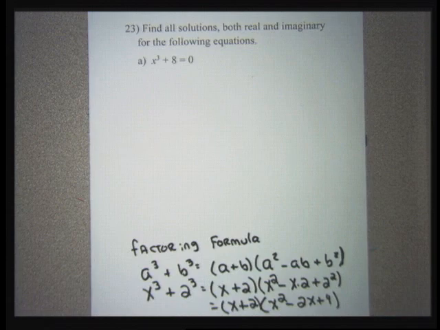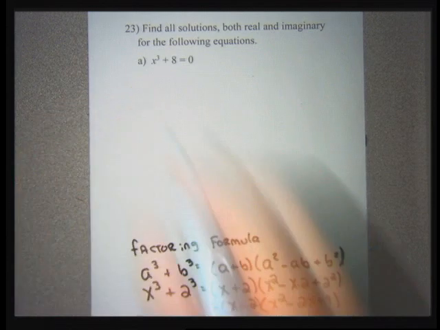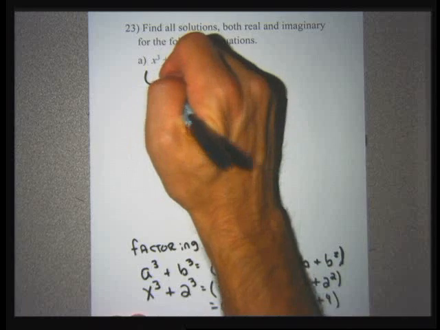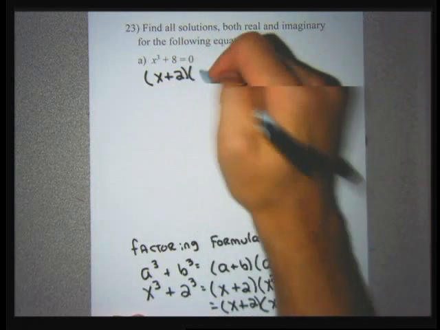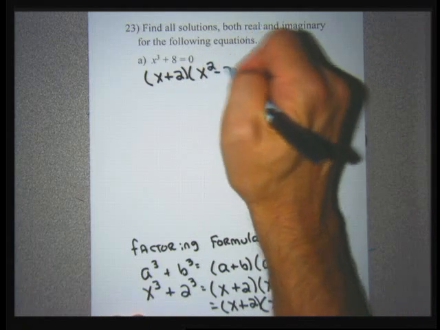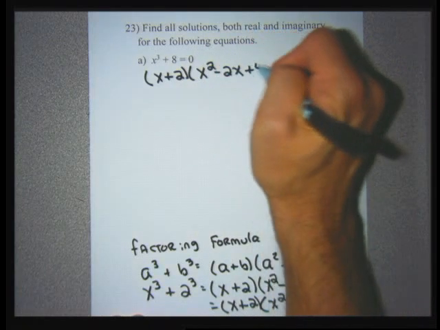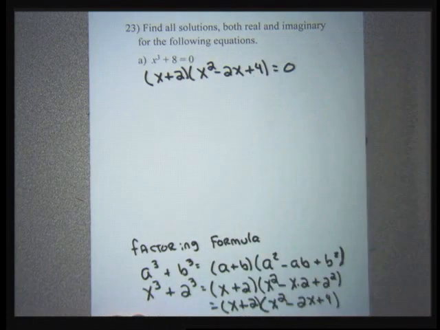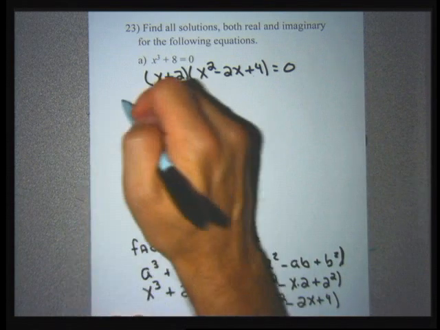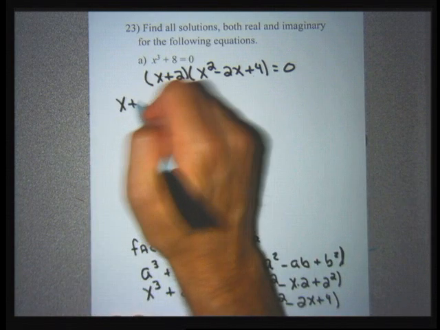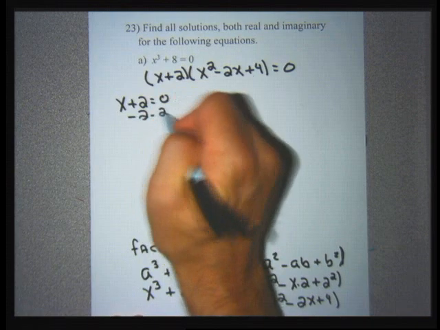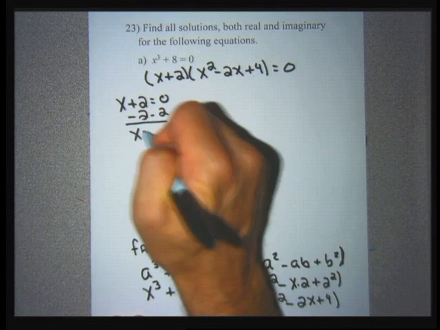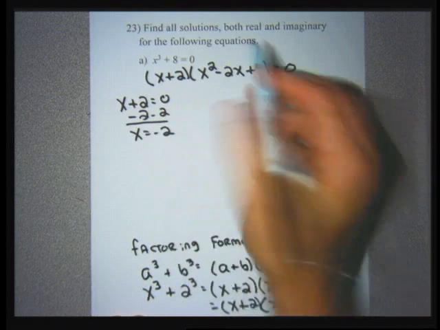So I'm going to take that and put it right in line with my problem. I'm going to say this problem can be rewritten as x plus 2 times x squared minus 2x plus 4 equals 0. Now I'm going to set the factors equal to 0. When I set the x plus 2 equal to 0, I minus 2 from both sides and get x as minus 2 for one of my answers.